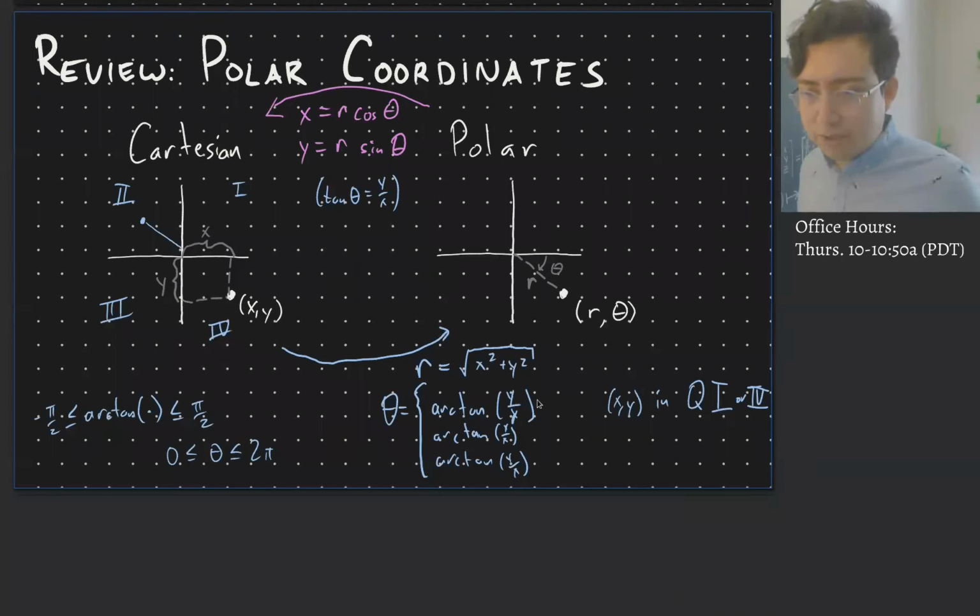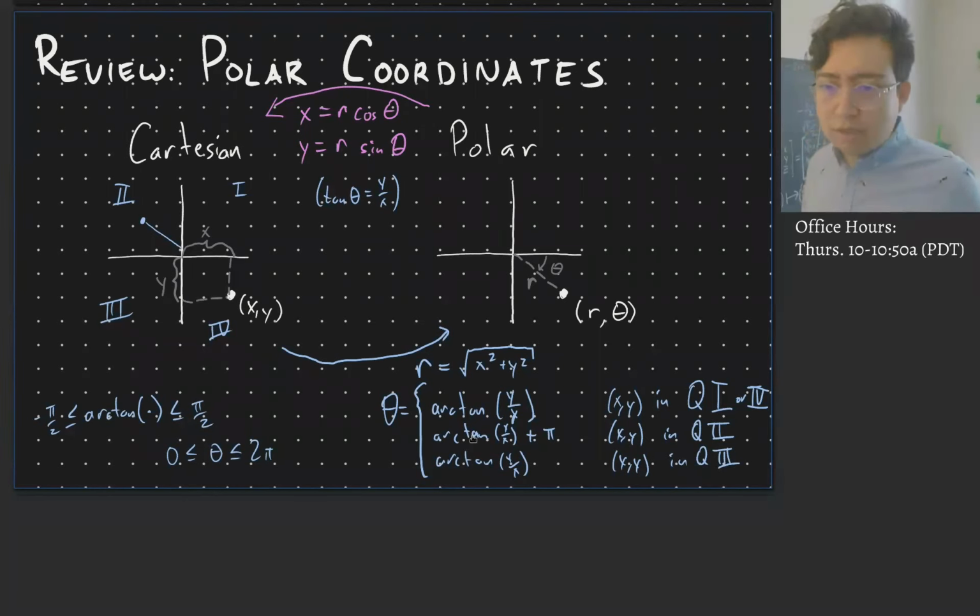For quadrant 2, you add a pi. And then for quadrant 3, you subtract a pi.